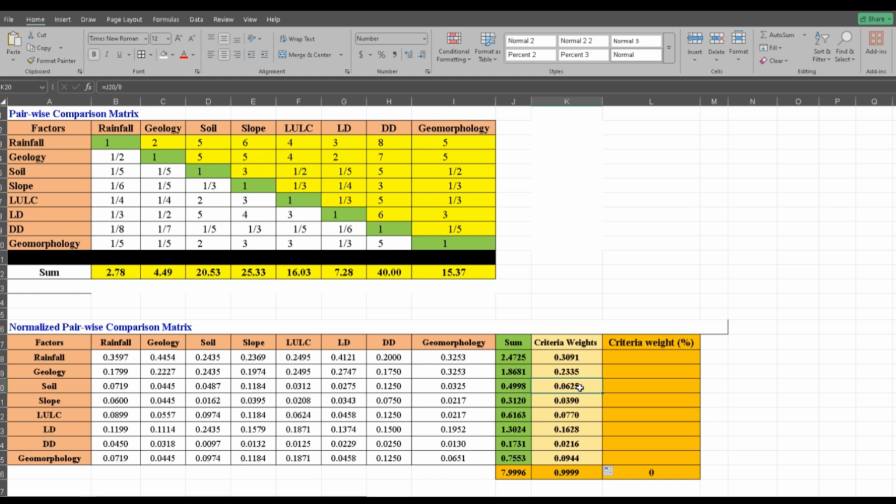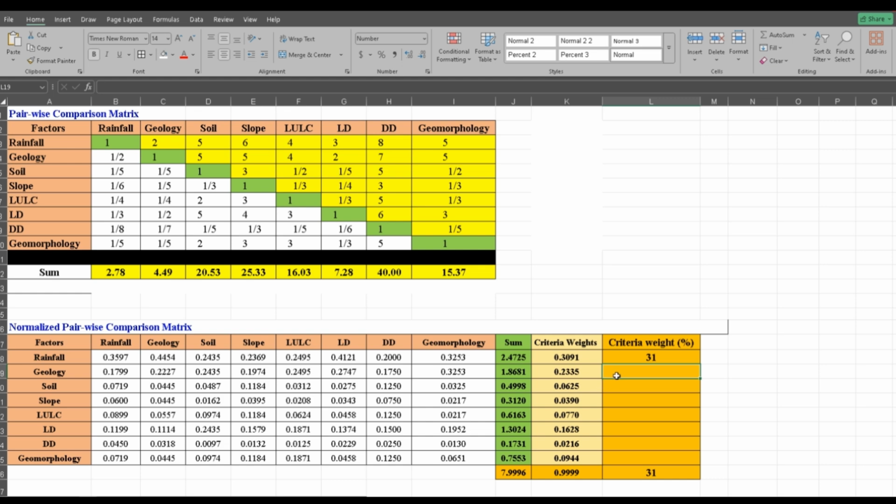Now, criteria weight in percentage is equal to criteria weight times 100%. Therefore, it is simple and straightforward. That means it is converting this decimal into a percentage. Therefore, this is equal to the criteria weight for rainfall times 100%, which is equal to 31%.